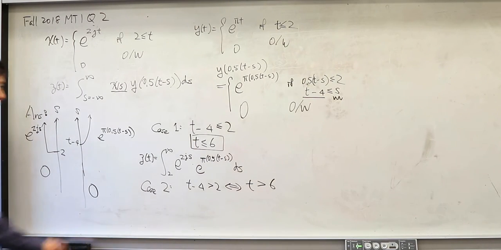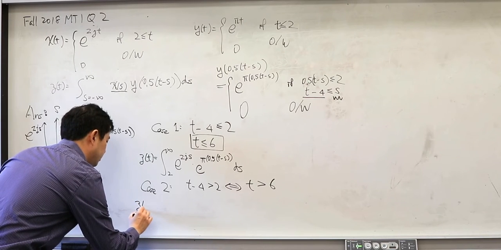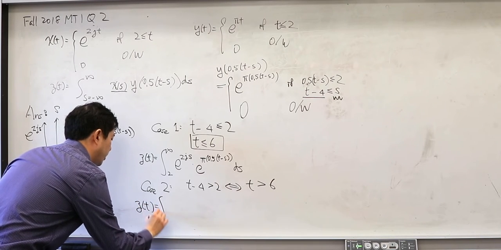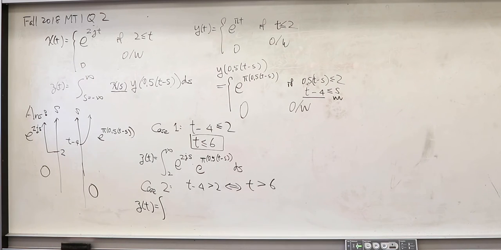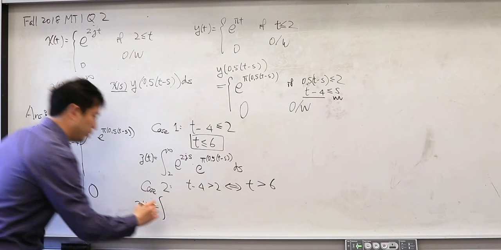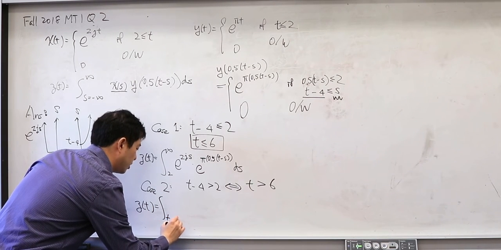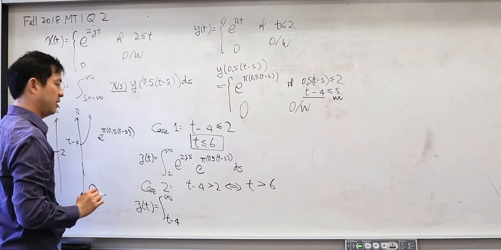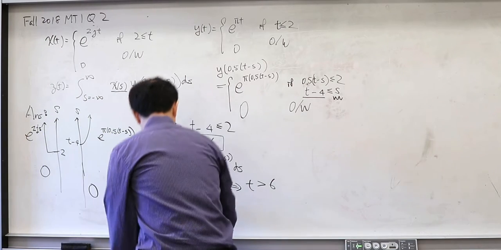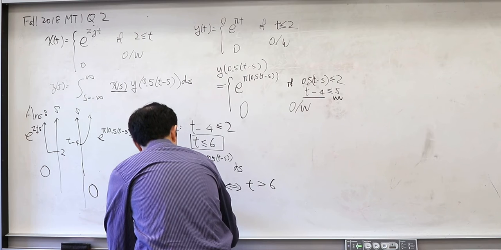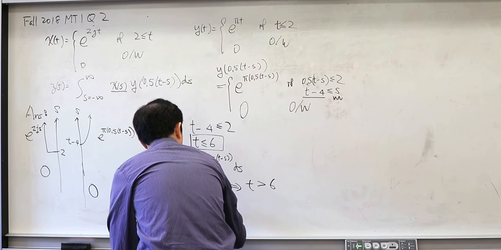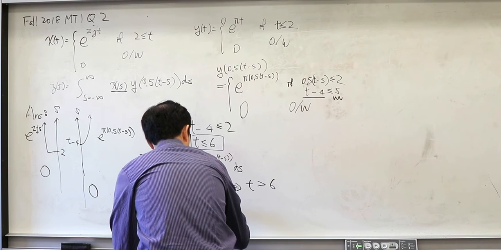You can probably continue it by yourself. Your integral will be from where to where? t minus 4 to infinity. Very good. The integrand is the same as the other one, but the range is now different.